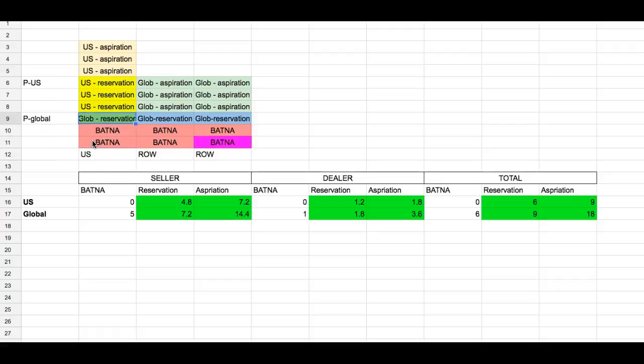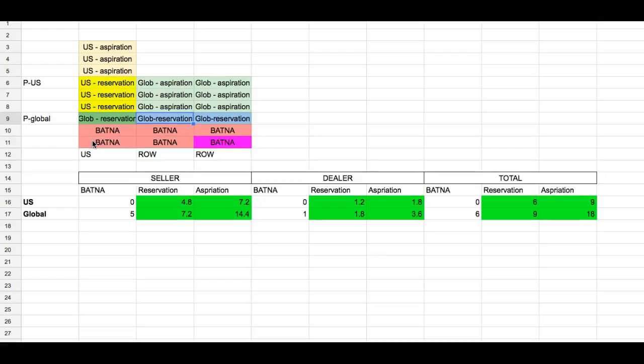You add up. Like nine cells, that means 9 million. But if you go towards the right, that means you go global. Right? Because basically you cannot sell a US patent and a global patent. So the US patent and the global patent is the same. So basically this is 9, the aspiration. And the aspiration for a global patent is 18. 1, 2, 3, 3 by 6.